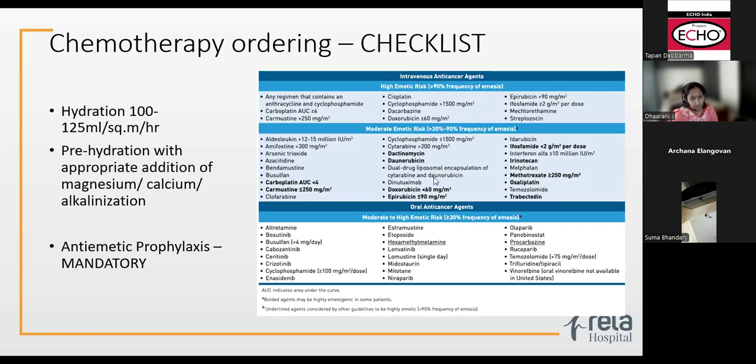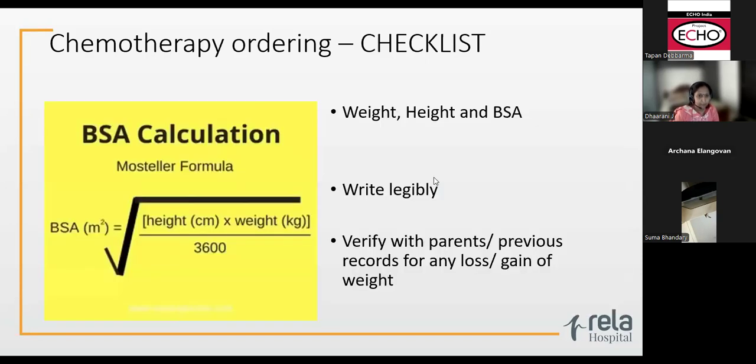So the one point you should remember: cisplatin is very highly emetogenic, and most of the drugs will need antiemetics. And the drugs which will not need antiemetics are vincristine, vinblastine. So they are least emetogenic. For vincristine, vinblastine, we do not administer antiemetic prophylaxis regularly.